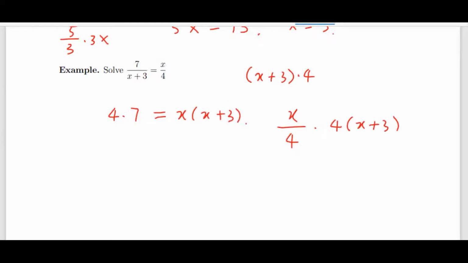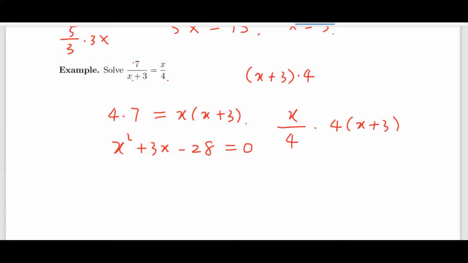We can also call this process a cross product: 7 times 4 equals x plus 3 multiplied by x, right? So this becomes a polynomial equation: x squared plus 3x minus 28 equals 0.